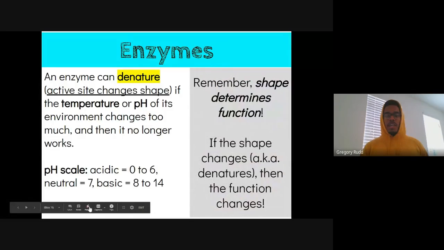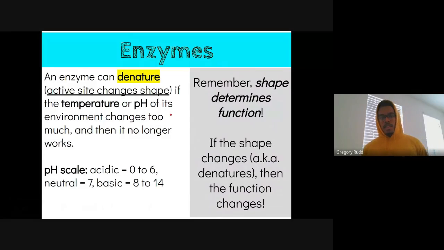If I change the shape, then I change the function. And the shape of an enzyme changes when it is denatured. That's what denature means. The active site changes shape. And that means it's no longer going to work in the same way, and it might not work at all.